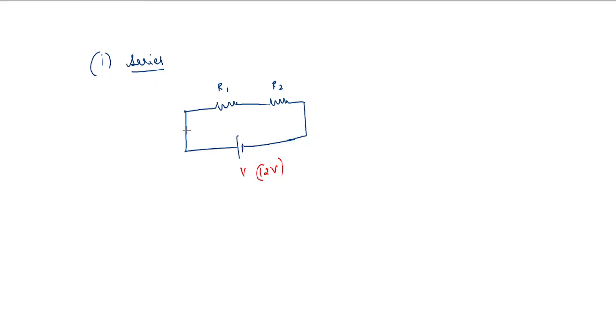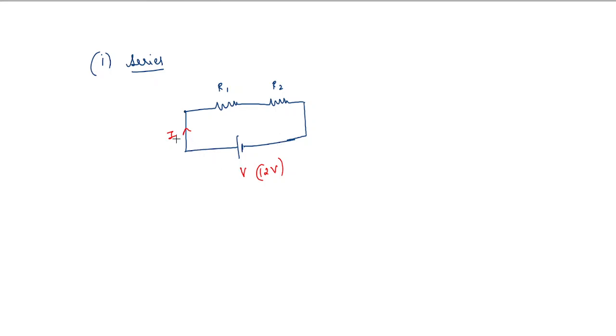Now current I moves from the battery's positive, so that the same current I flows through resistors R1 and then R2. So this combination where the same amount of current flows through all resistances is called series combination.